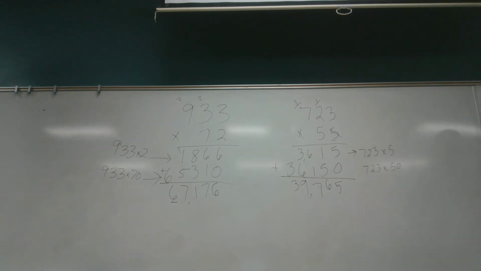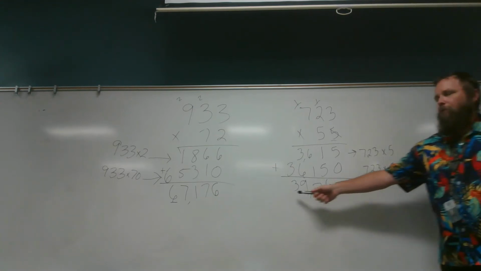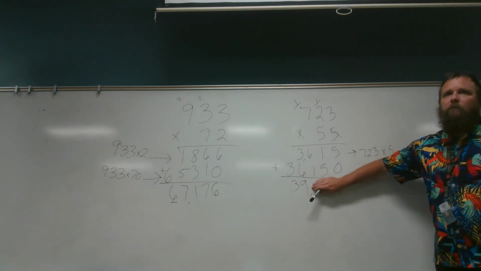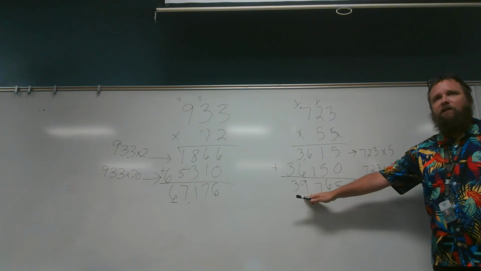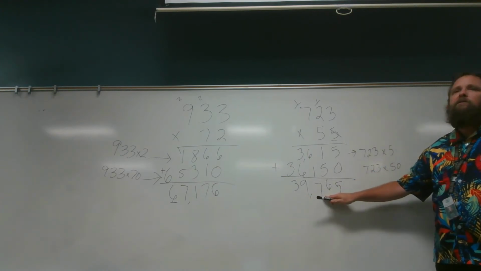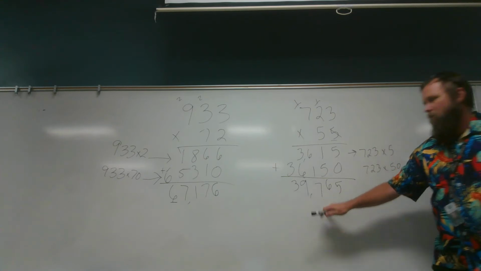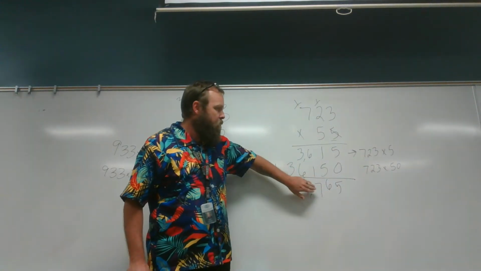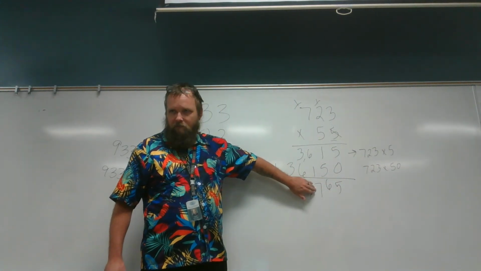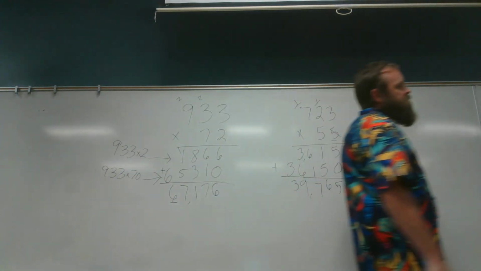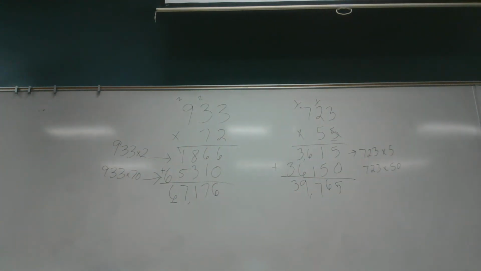Brady, how do you say that number? 39,000. What place value is the 9 in? Say that number. 39,765. Good. 39,765.